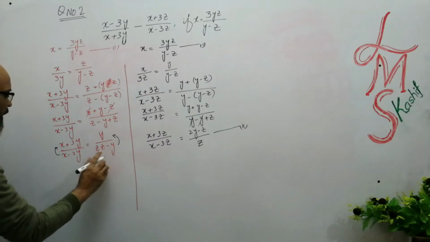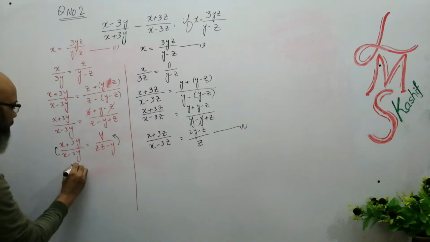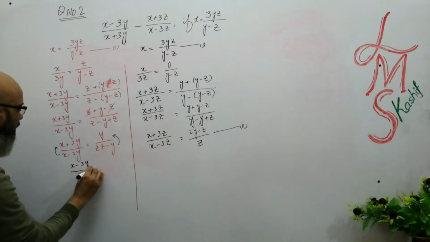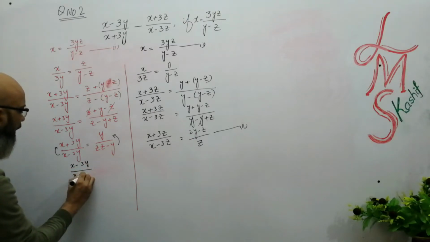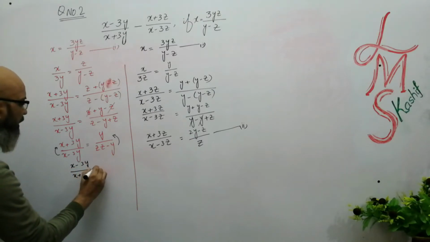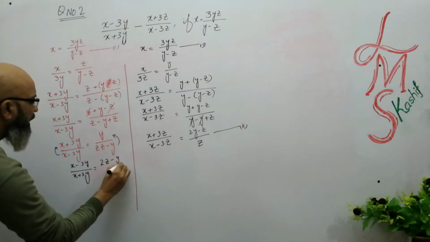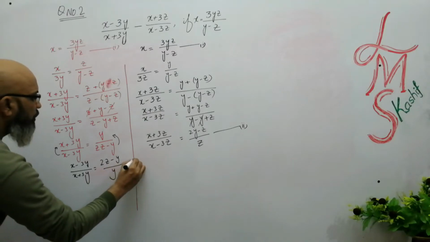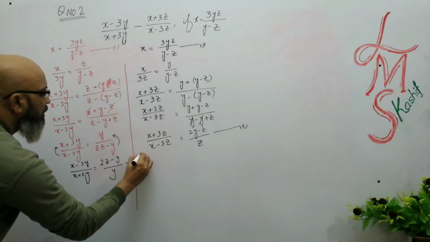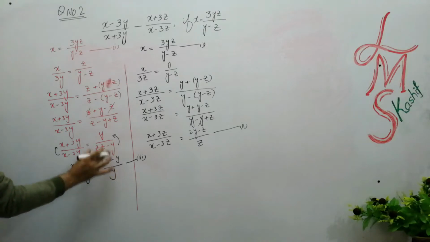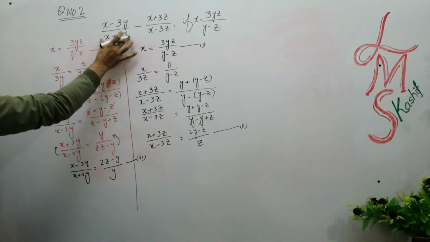So by using the invertendo theorem, (x - 3y)/(x + 3y) is equal to (2z - y)/y. Now this is your equation 3, the same as this equation.